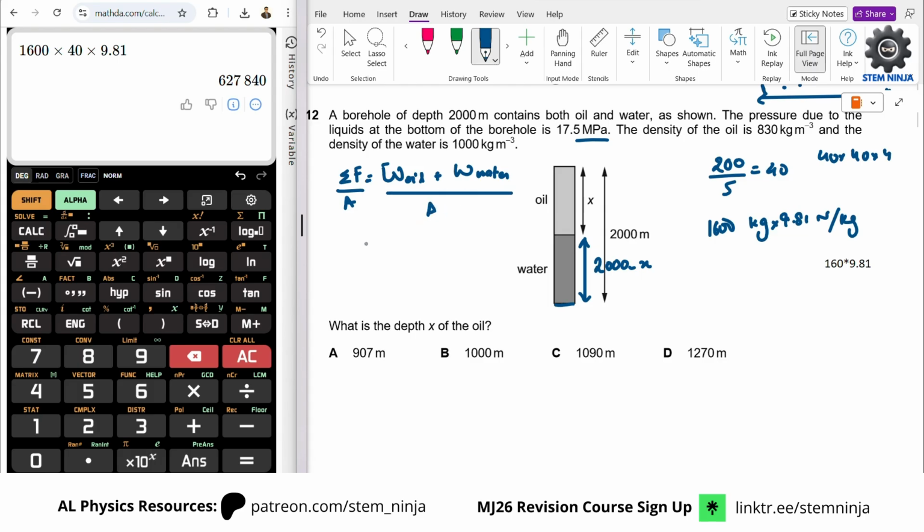Area is the same for both of them, the cross-sectional area of the borehole. So rho g h for this plus rho g h for this. This is oil, this is water. g is the same for both of them.